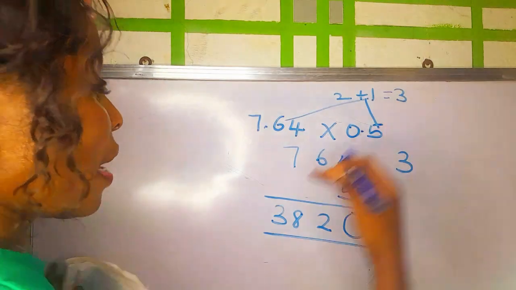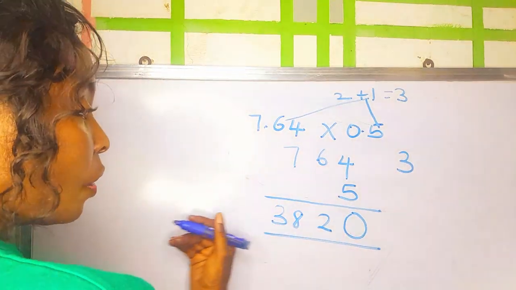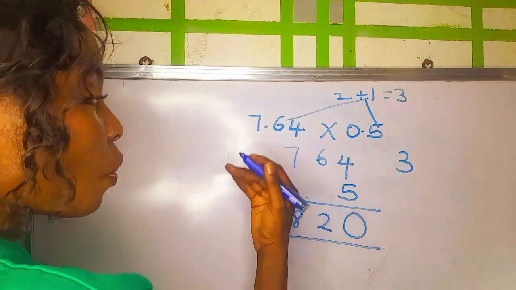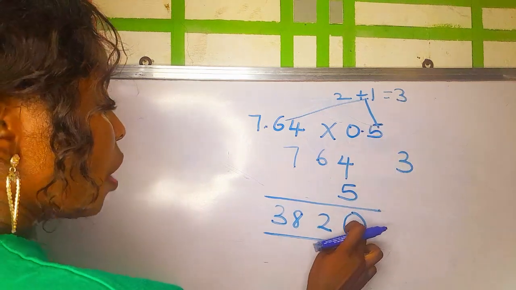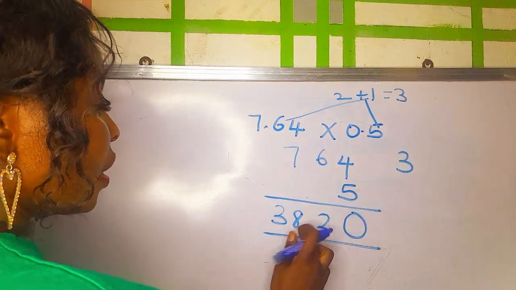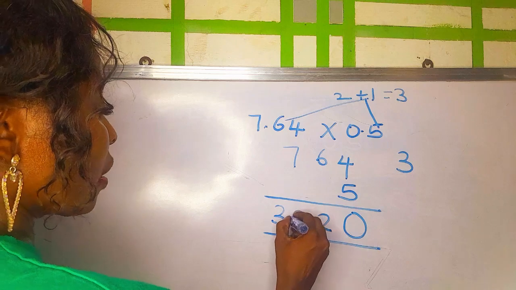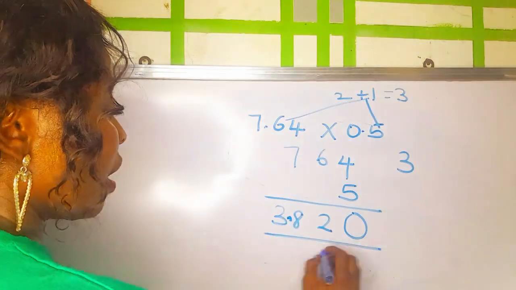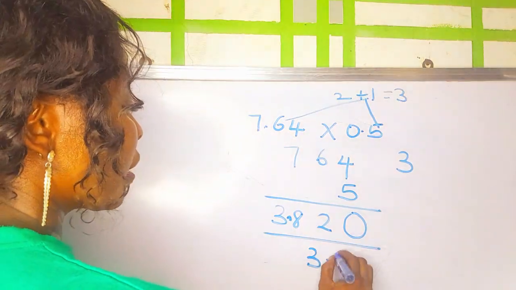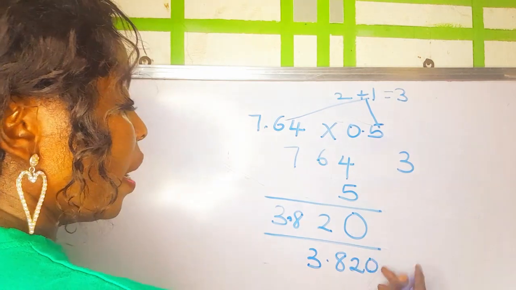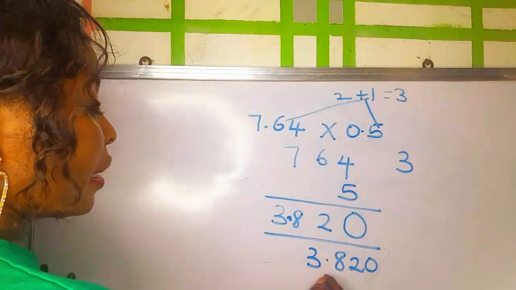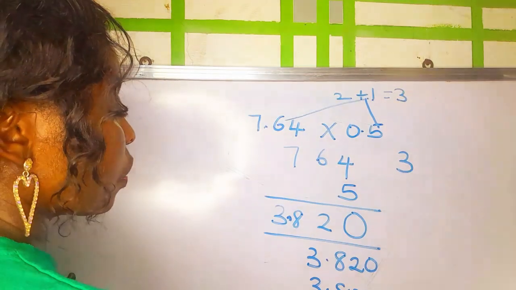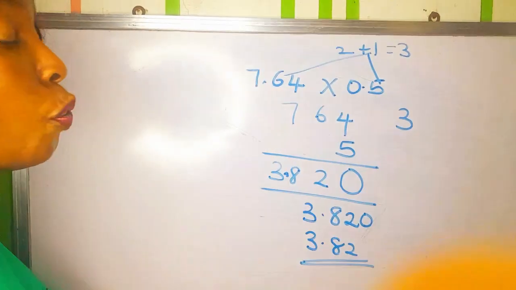Therefore, we are going to count from the right-hand side. We're going to count 3 numbers: 1, 2, 3. So we bring back our decimal point. Therefore, our answer is 3.820. Every 0 after a decimal point is insignificant. So therefore, our answer is 3.82.